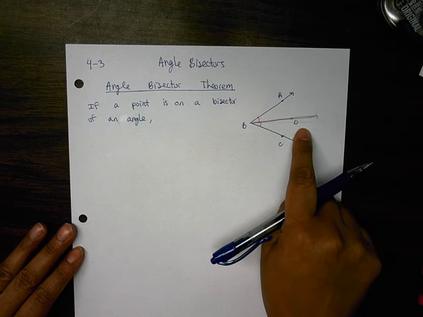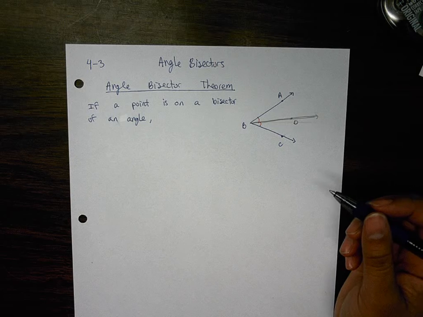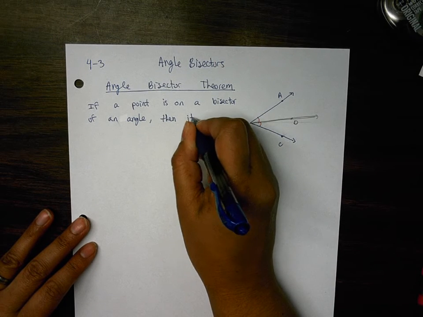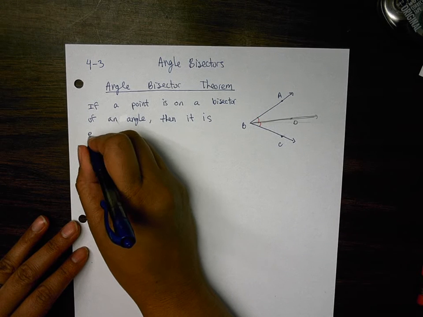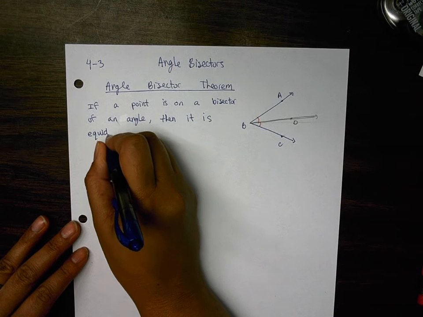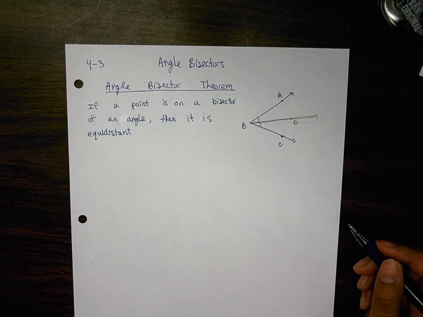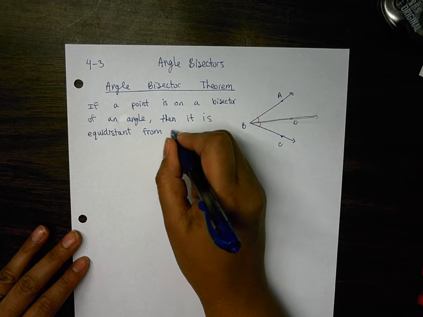If a point is on a bisector of an angle, then it is equidistant. We did that word yesterday. Equidistant, meaning equal in distance.